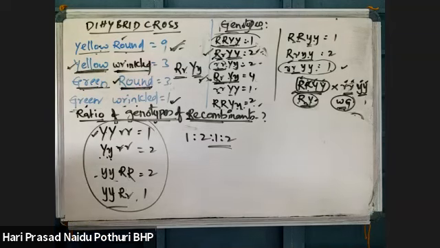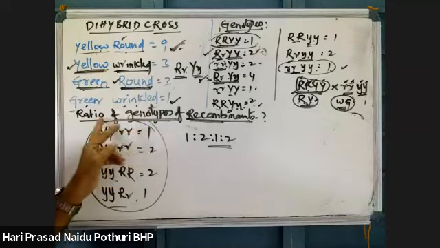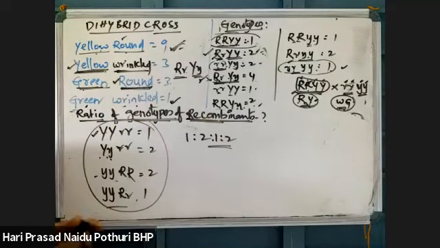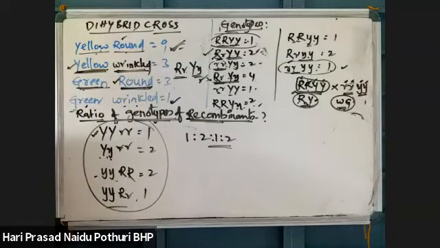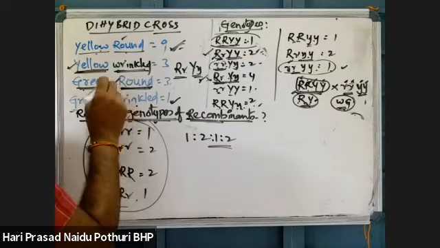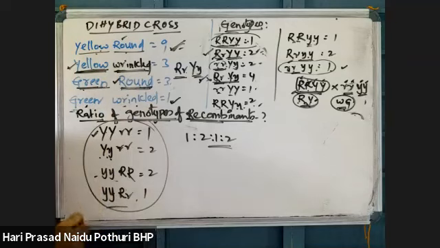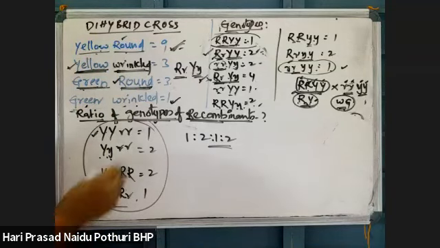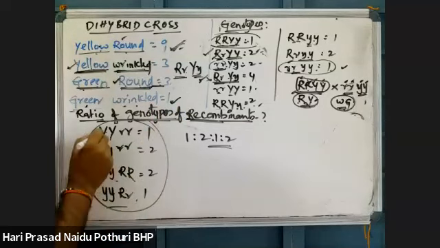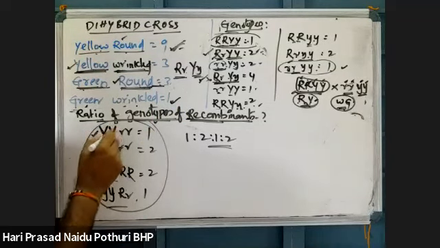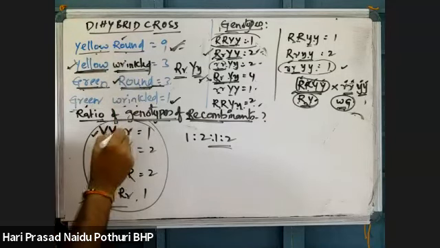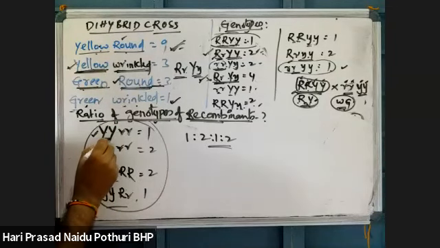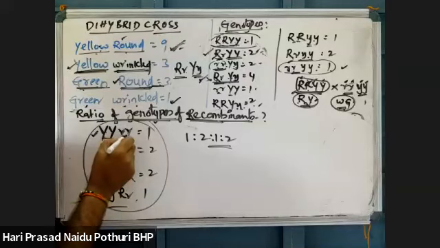Once again I will explain. Here the question is the ratio of genotypes of recombinants. What are recombinants? Yellow wrinkled is one recombinant, and green round is another recombinant. Yellow wrinkled means what is possible? Yellow means capital Y capital Y or capital Y small y is the yellow character. Wrinkled character means this one. See here, this genotype will give yellow wrinkled.